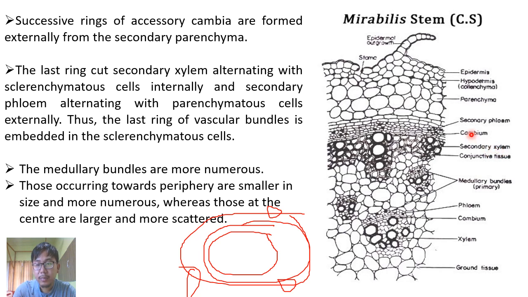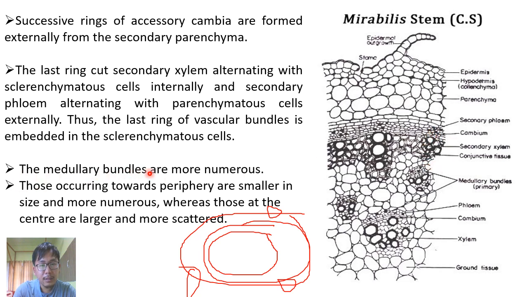Above this cambium, they will again cut secondary phloem together with parenchymatous cells. So since there are sclerenchymatous cells together with secondary xylem, cambium and secondary phloem, it looks like this bundle is arranged inside the sclerenchymatous cells.